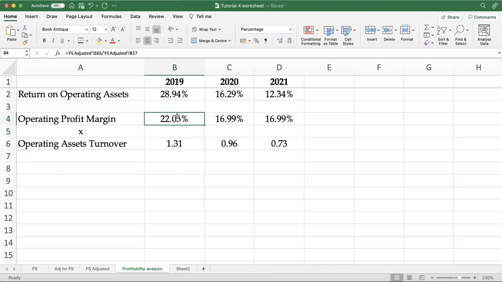So the two major reasons for the decline in return on operating assets from 2019 to 20 are the decline in operating profit margin and the decline in operating assets turnover.